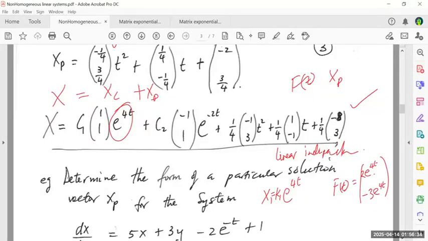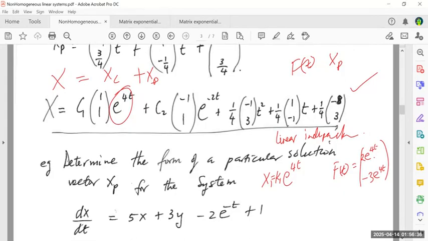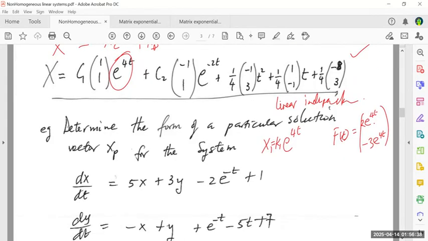So definitely f will be written as 2 minus 3 e to the power 4t. So we have e to the power 4t in the complementary solution and e to the power 4t in the non-homogeneous part.